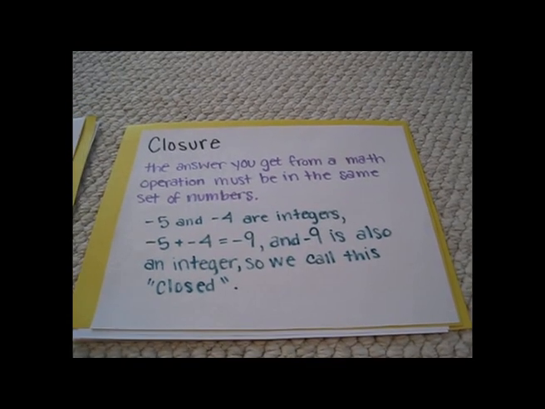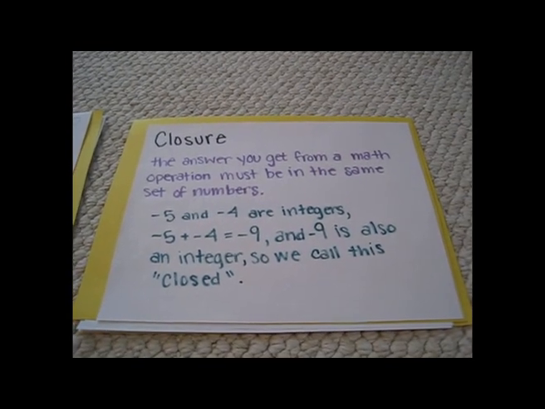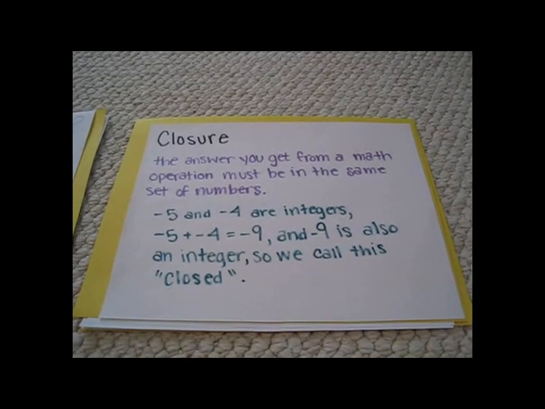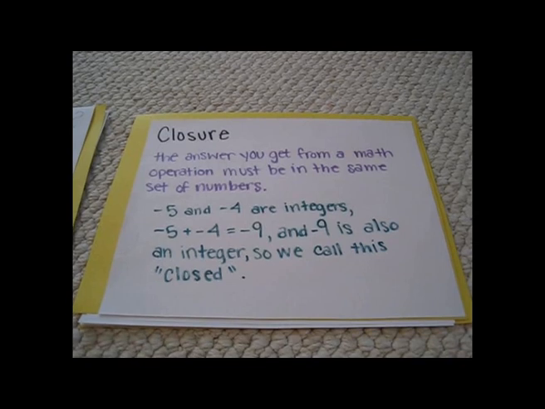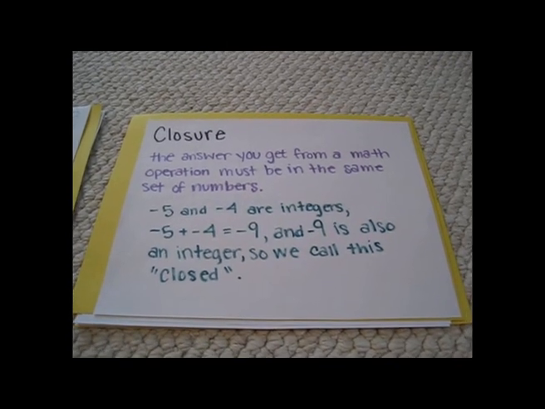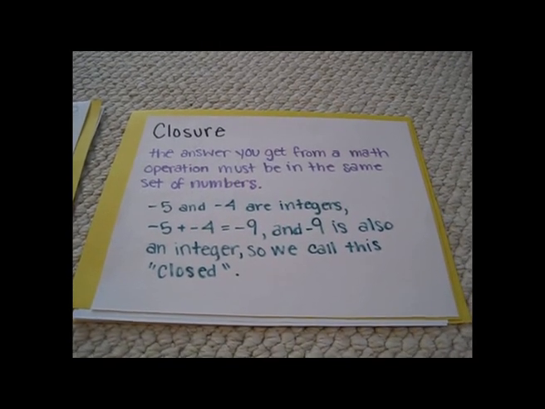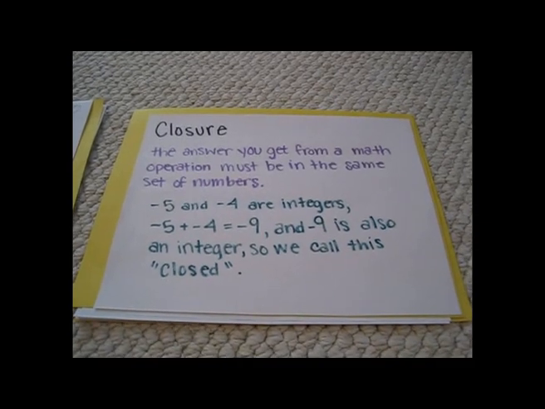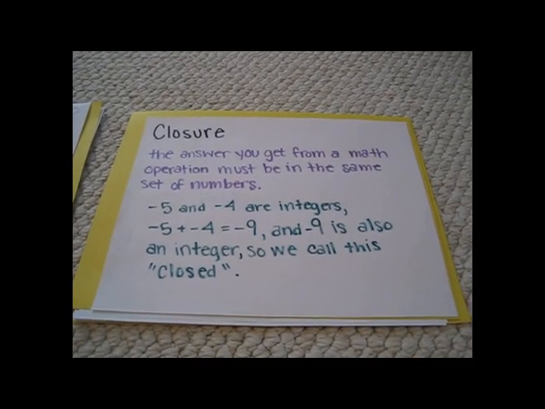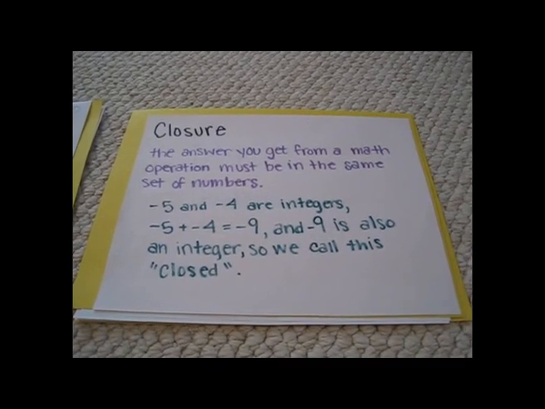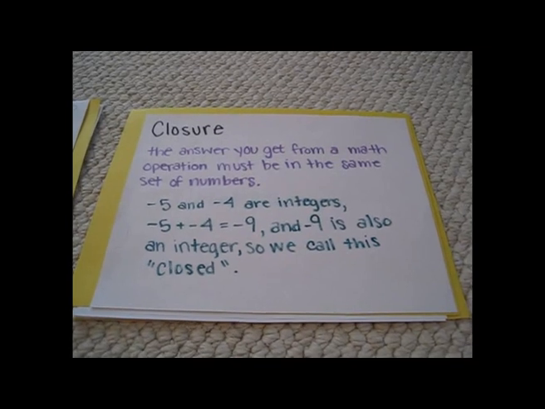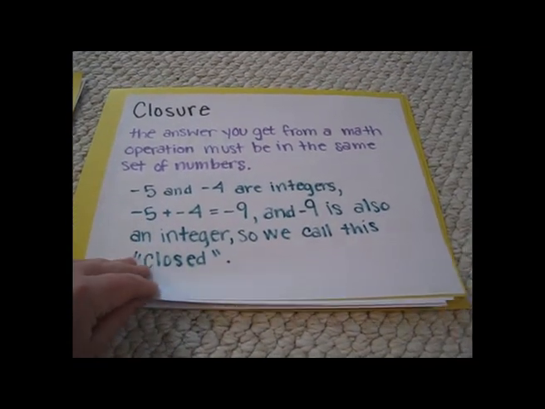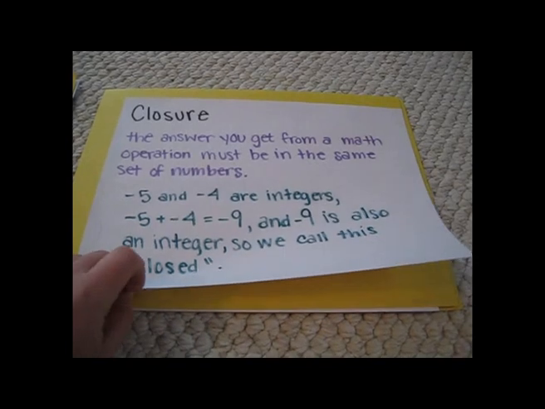The closure property is where the answer you get from a math operation has to be in the same set of numbers as the numbers that you used for the math operation. So -5 and -4 are both integers, and -5 plus -4 equals -9. So -9 is also an integer, and so this equation would be called closed. This property is normally only seen in higher level math classes.